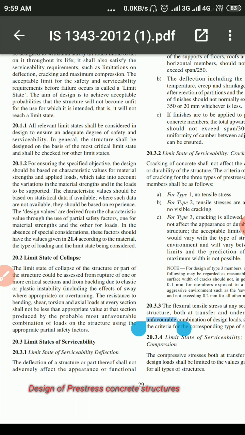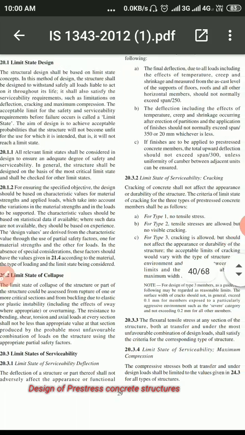The design stress should not reach the standard stress provided in the IS code. That is, our calculated stress should be lesser than the actual stress provided in the IS code. That is the basic idea behind the limit state.